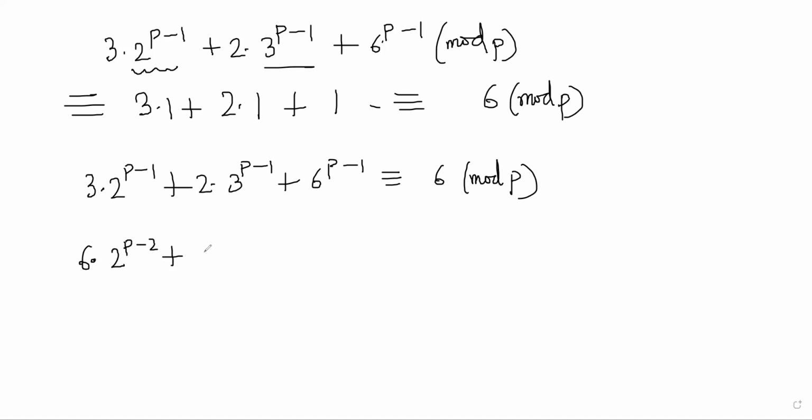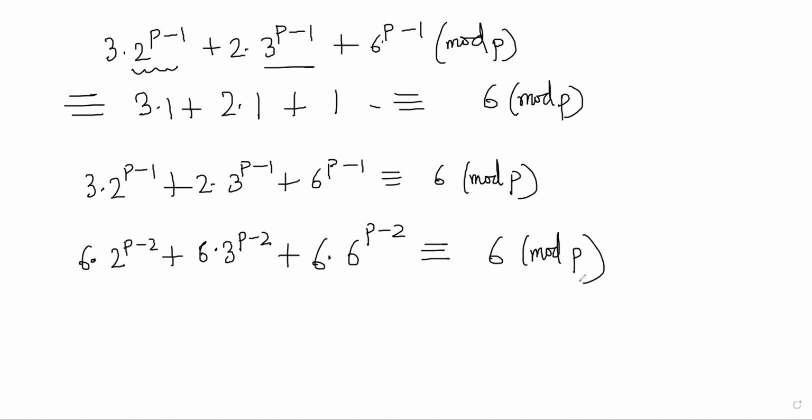And I take 3 outside here, it will be 6 into 3 power p minus 2. And I take a 6 outside here, 6 into 6 power p minus 2, is congruent to 6 mod p. And now we can divide by 6 and say that 2 power p minus 2 plus 3 power p minus 2 plus 6 power p minus 2 is congruent to 1 mod p.